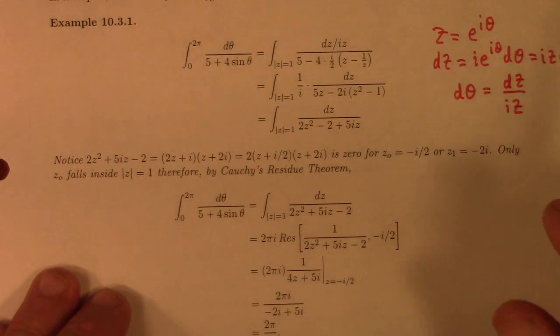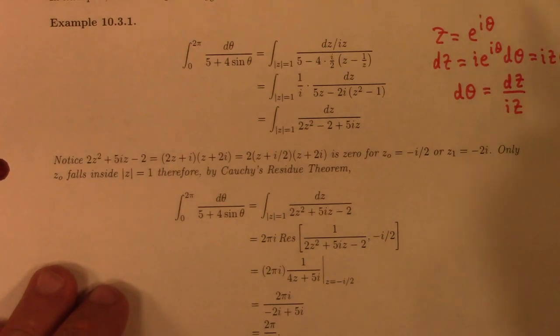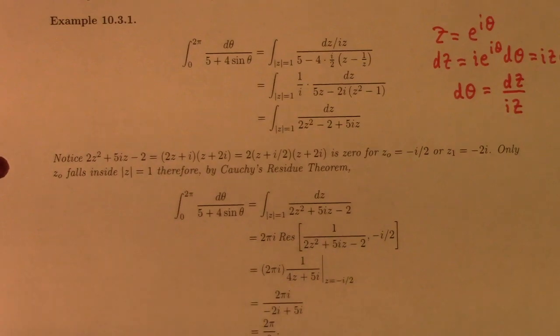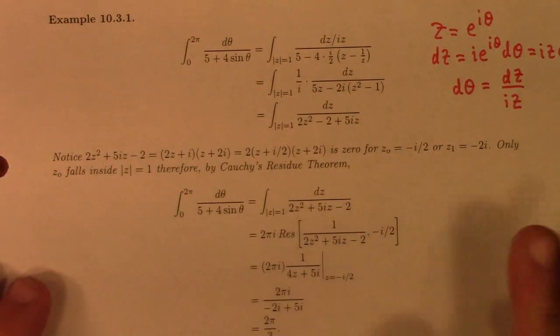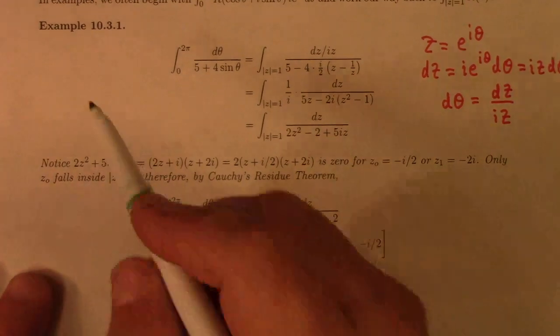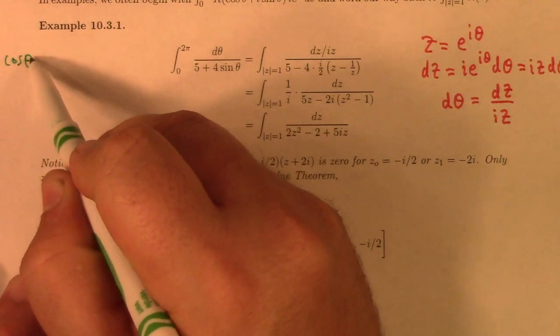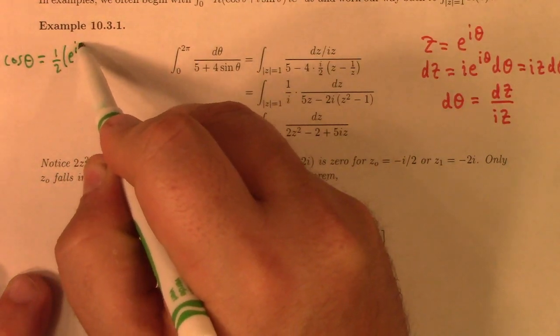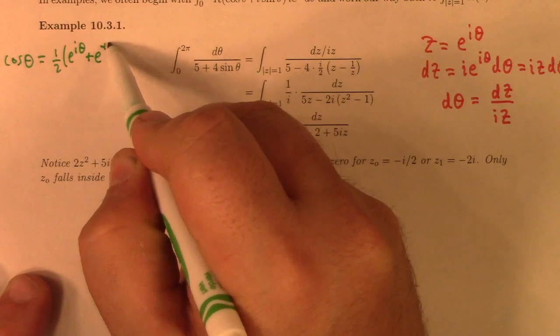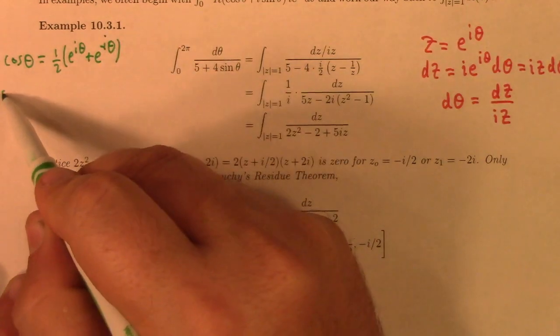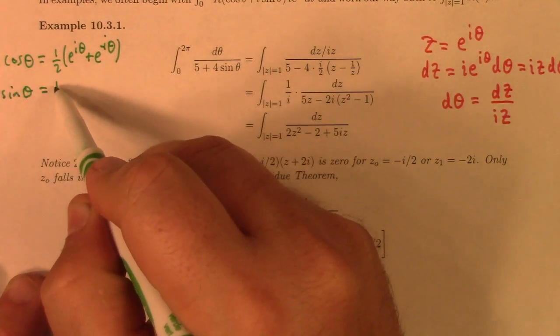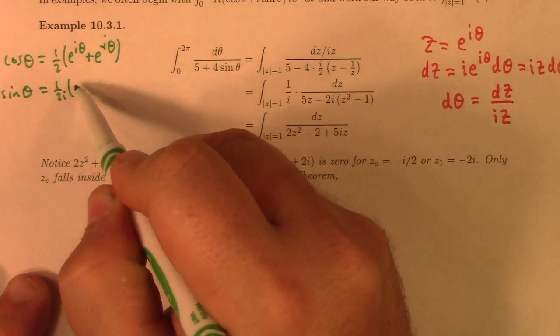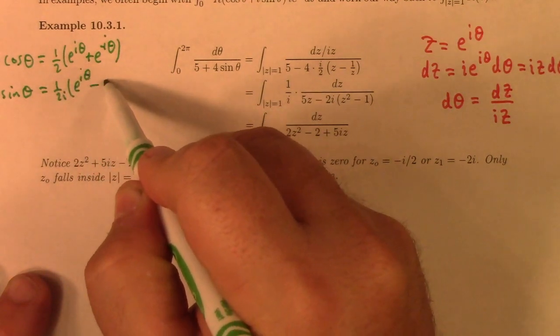And on the flip side of things, we can write cosine and sine, right, in terms of the usual. I'll write it over here. Cosine theta is 1/2 (e to the i theta plus e to the minus i theta), and sine theta is 1/2i (e to the i theta minus e to the minus i theta).